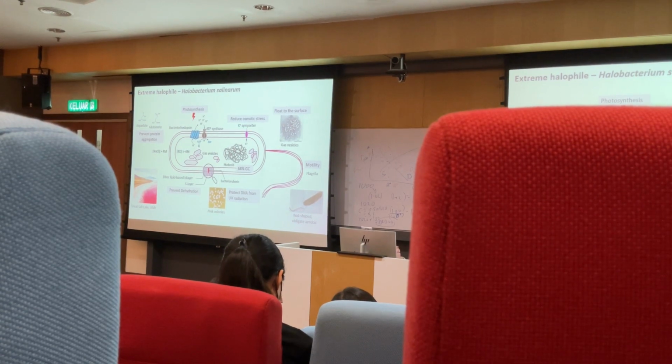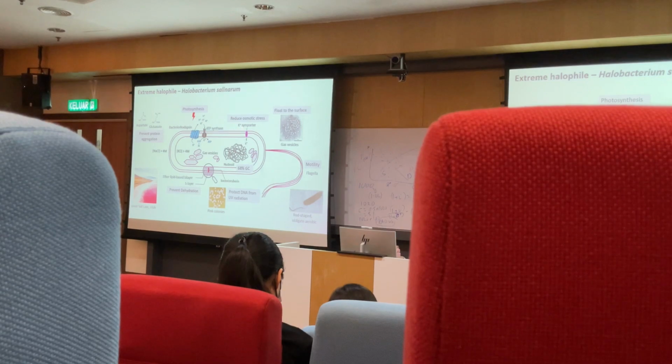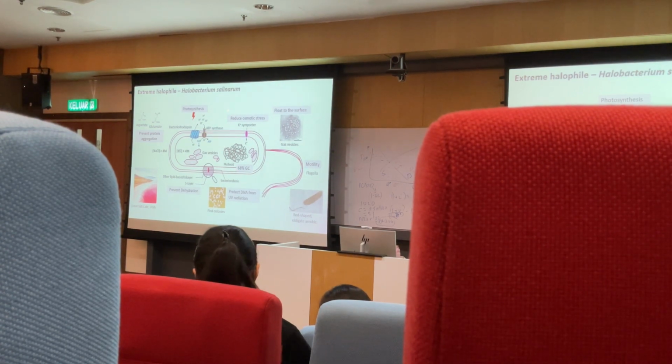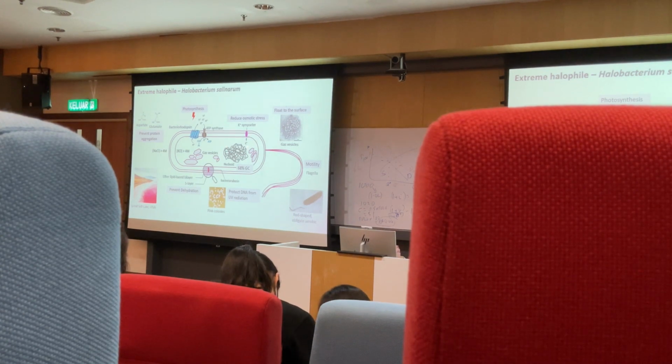Now, we also look at this. This one is the potassium symporter, which is a protein channel to pump in the potassium. Why does this archaea need potassium? Because outside there is a lot of sodium. They need to get a balance, because with too much sodium ion outside, the water will start to flow out. So they want a similar concentration of ions, so they use potassium.